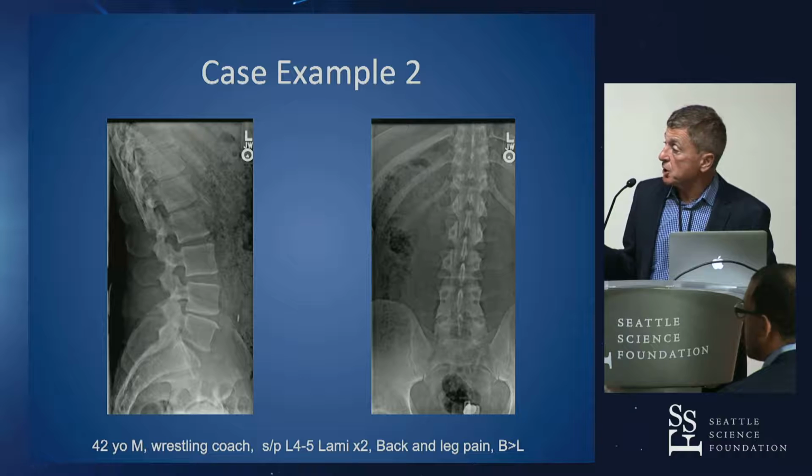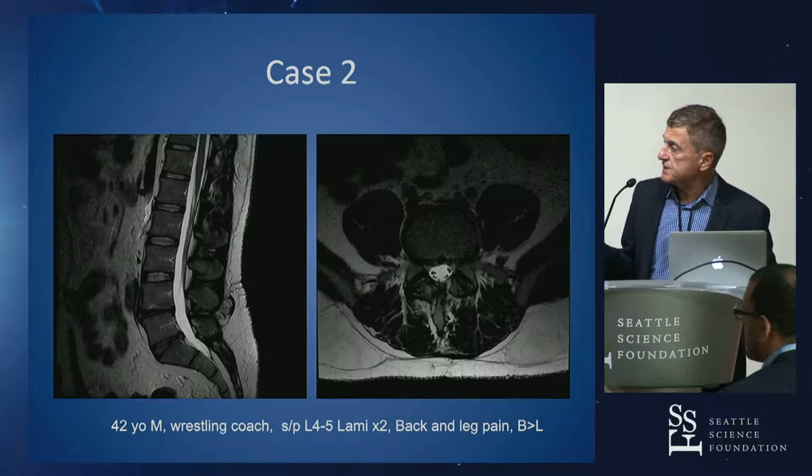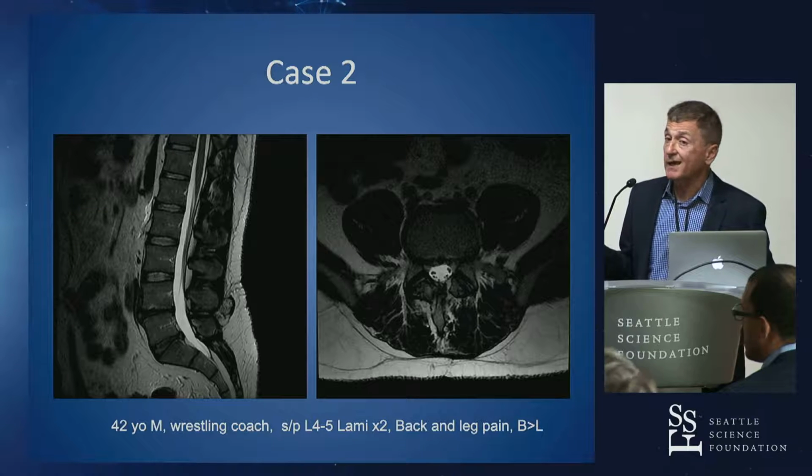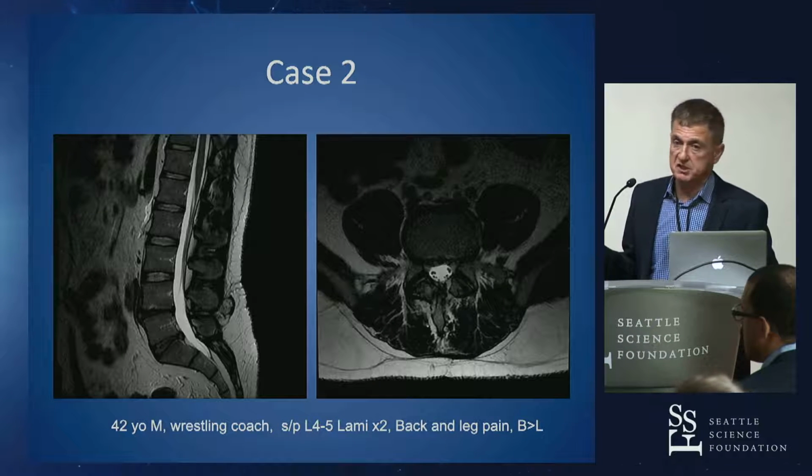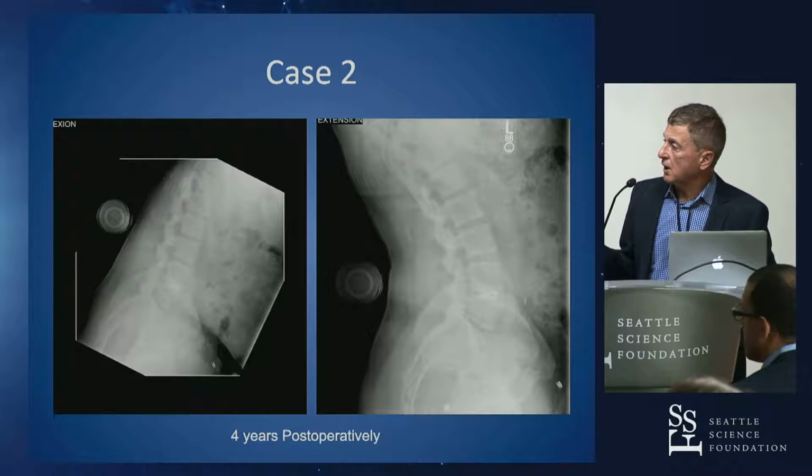This was a wrestling coach, 42-year-old, tough, strong guy, 2 previous laminectomies at 4-5, more back than leg pain. This is his MRI. You can see the laminotomy on the left side. So he was having leg pain too. He just did not want a fusion. We took him outside the US and we did an XLTDR at 4-5.